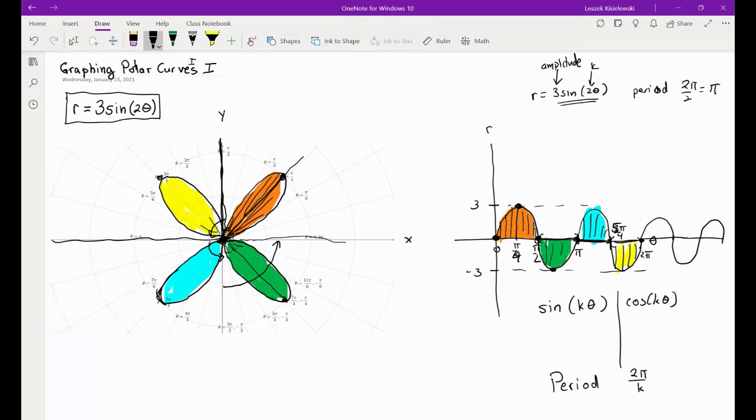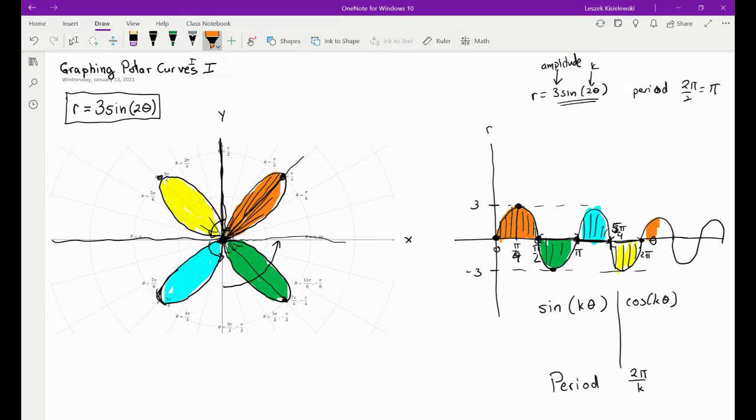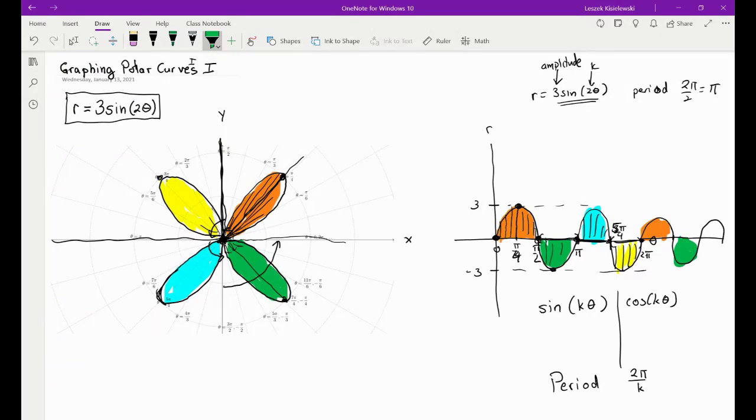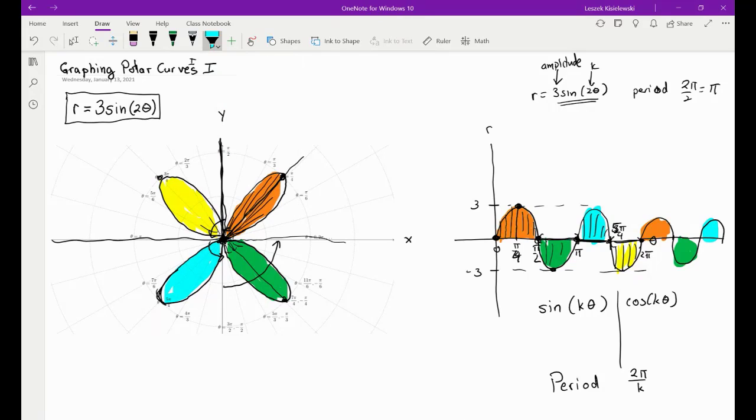If you try to graph further, this part corresponds to exactly the same orange petal that we have, this part would correspond to the exact same green petal, and so on. So it'd be covering the same curve.